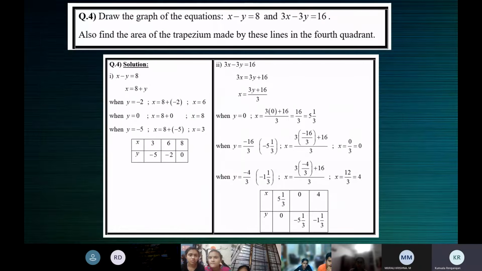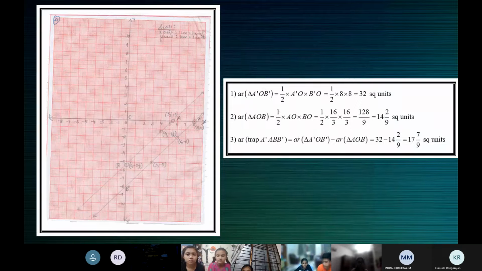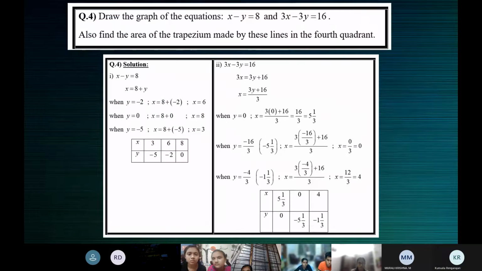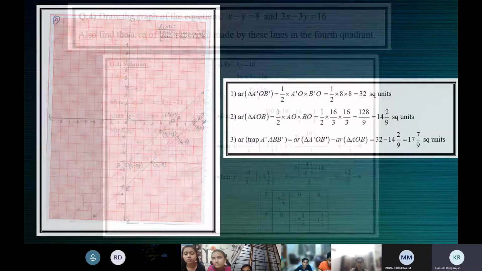See how I made the table. I've forgotten to write the equations on it. Let me write it now. x minus y is equal to 8.